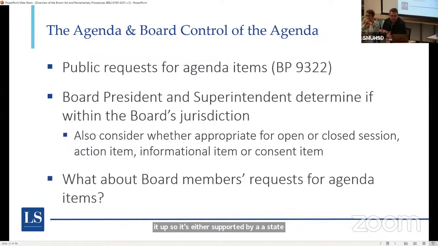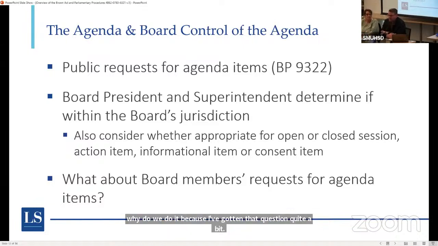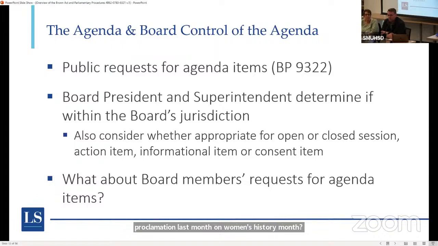While we're on that topic, I want to clarify for the community why we do it, because I've gotten that question quite a bit. Why did we have a proclamation last month on Women's History Month? The impetus behind it is to tell the community what our values are and what we stand up for. It's also to send a message to local, state, and federal bodies, in an official capacity, what we believe in.